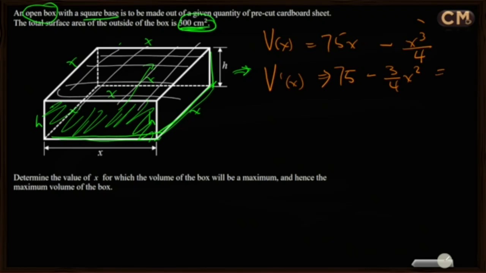Then we can set that equal to 0, which means 75 is equal to 3 over 4 x squared. Multiply both sides by 4 over 3, which is the reciprocal.